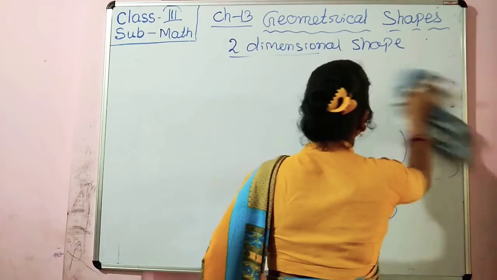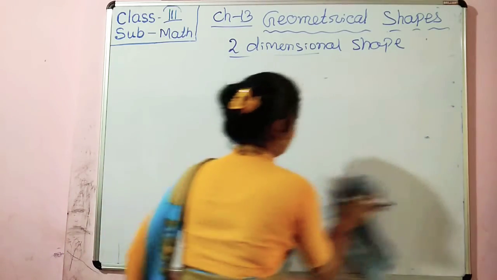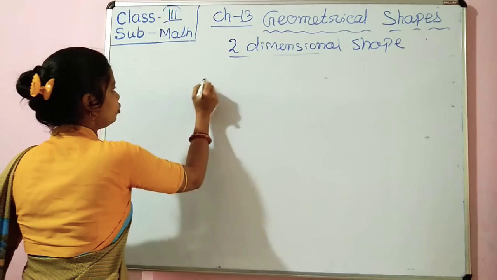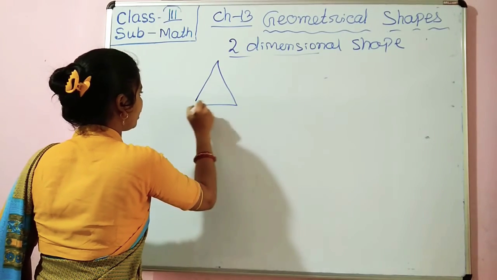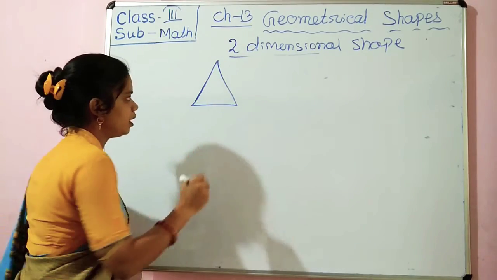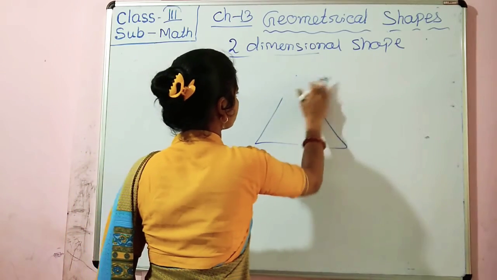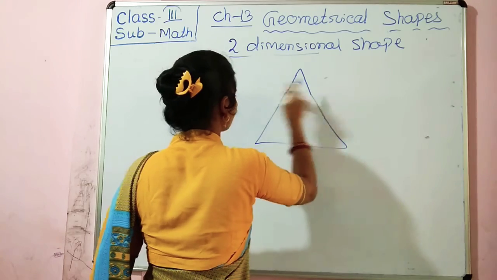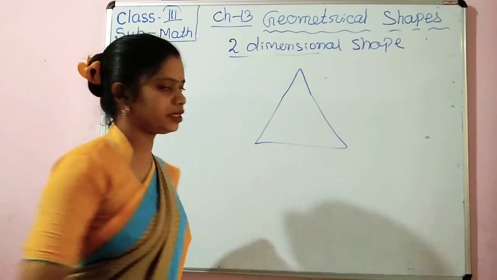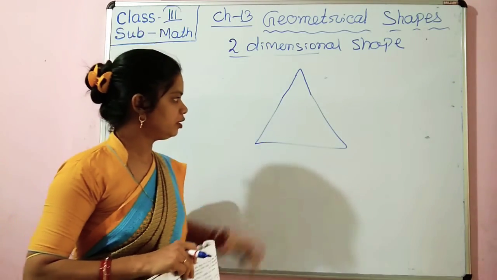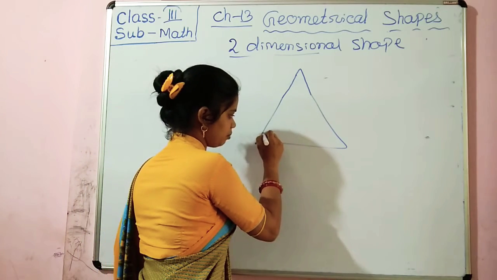First we know the triangle. Look, here the triangle is a two dimensional shape. Yes children, see the picture here. It is a separate triangle.